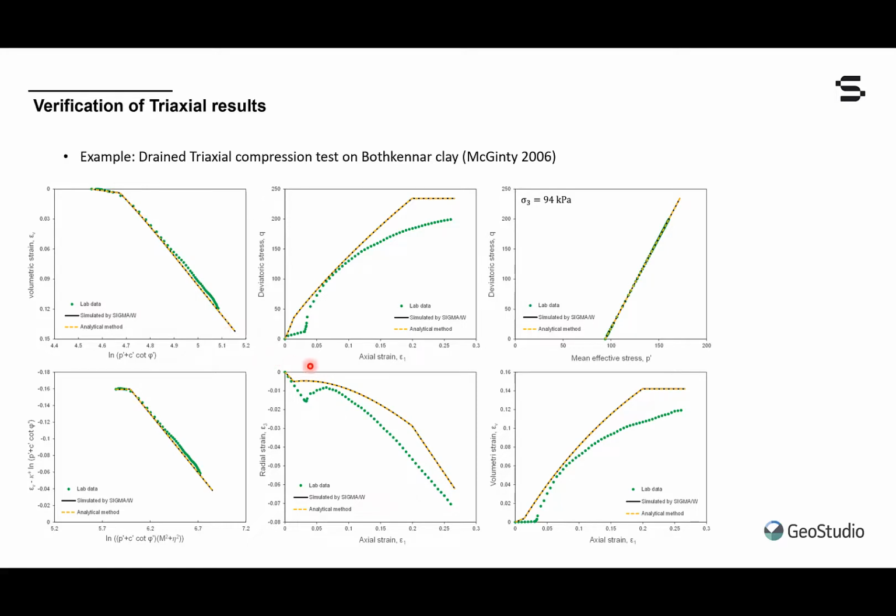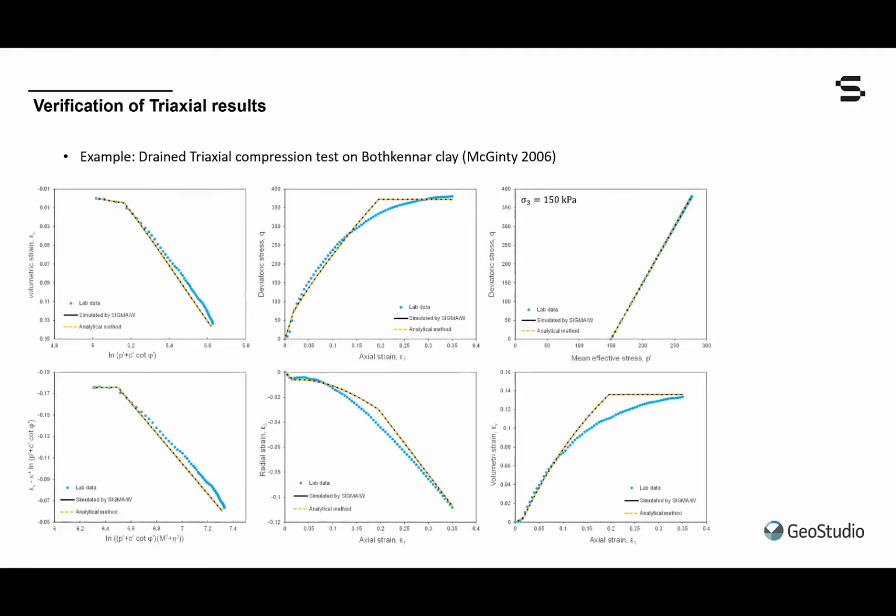So the alternative explanation, and maybe it's a combination of the two, is that there was a seating problem with this particular lab test because the volumetric strain is suspiciously low over a fairly large axial strain range. Again, not exactly sure. Overall, the data seems to be well predicted or fit by our numerical simulations. And we'll see that that same trend continues in the third set of tests.